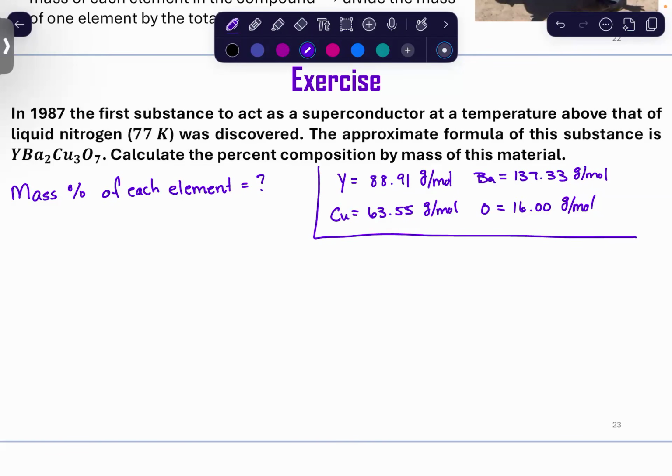All right, so that's going to be Y, Ba2, Cu3O7. That's going to be 1 yttrium plus 2 bariums plus 3 coppers plus 7 oxygens.